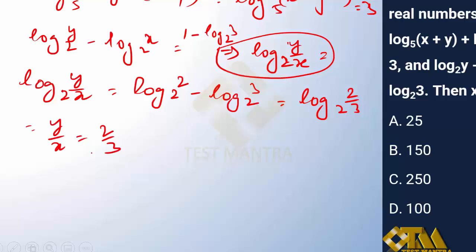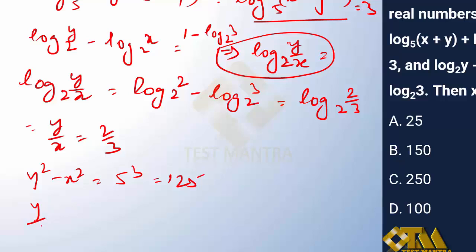So now I have two pieces of information available here. From this, can I say y square minus x square is supposed to be 5 cube or else 125, and y by x is in the ratio of 2:3.